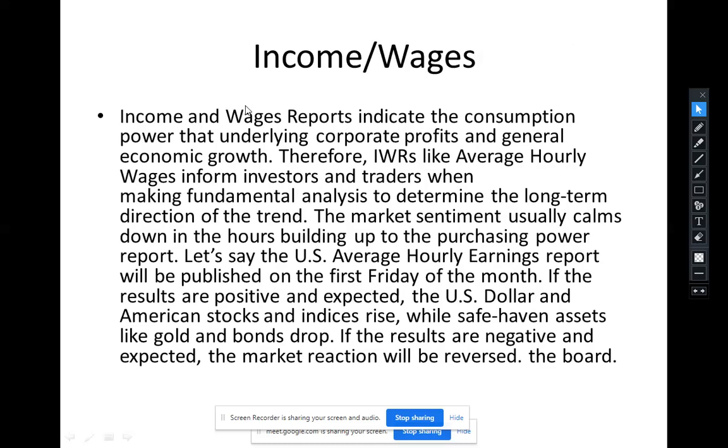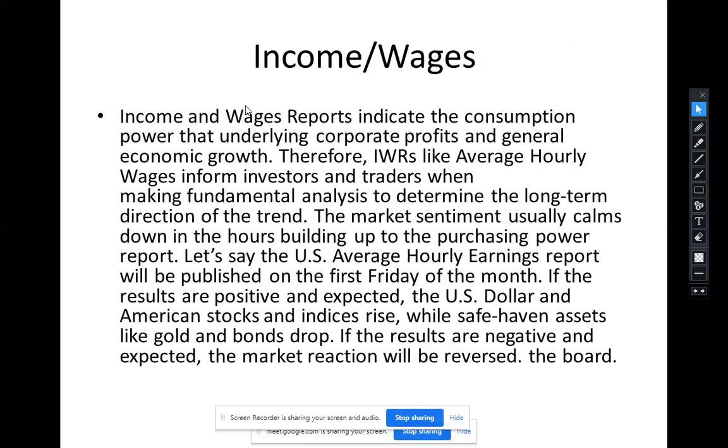Let's come to income and wages. Income and wages reports indicate the consumption power, underlying corporate profits and general economic growth.